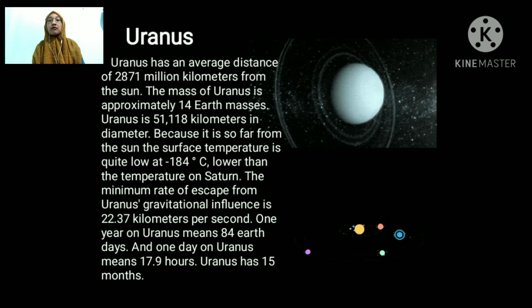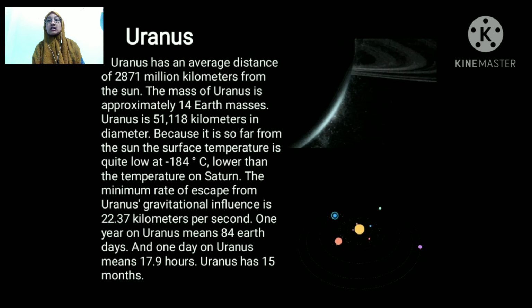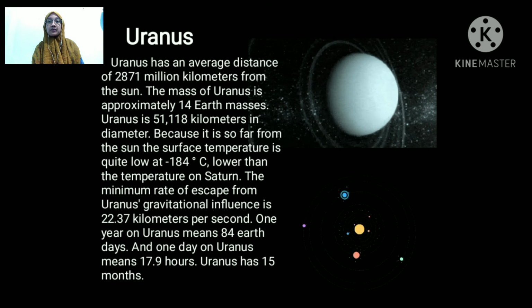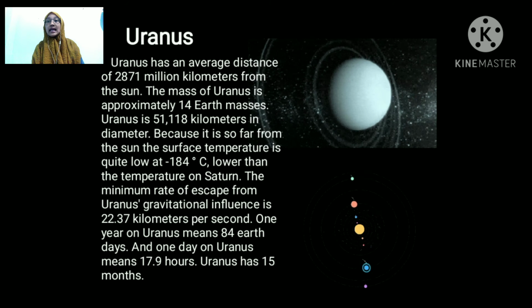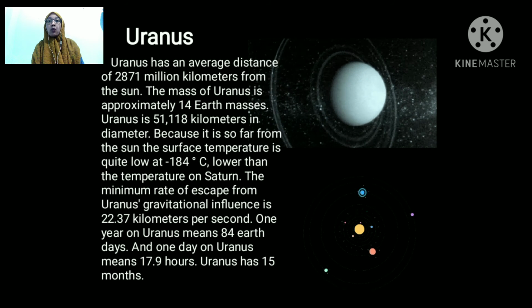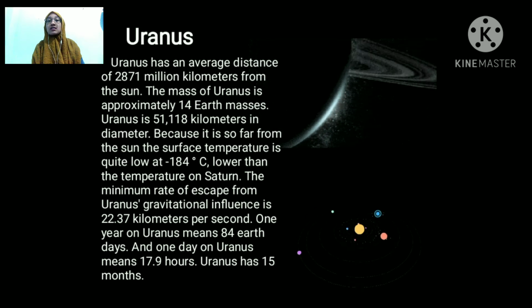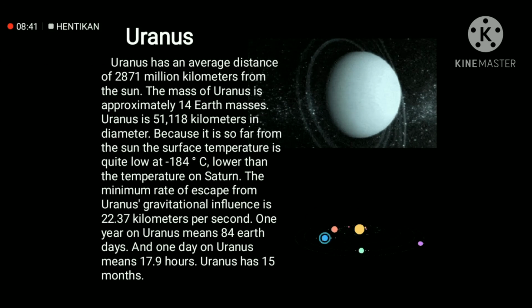The minimum speed to escape Uranus' gravitational influence is 22.37 kilometers per second. 1 year on Uranus means 84 Earth years, and 1 day on Uranus means 17.9 hours. Uranus has 15 moons.